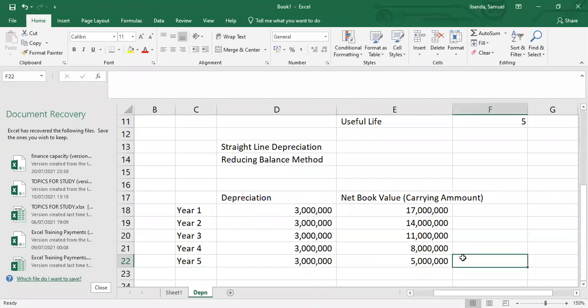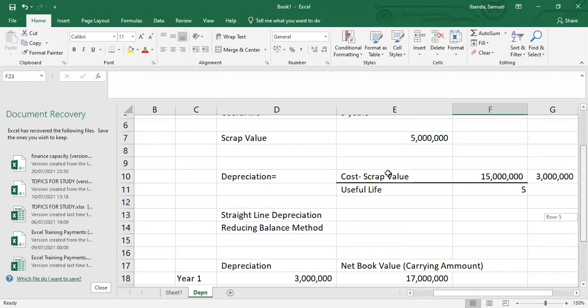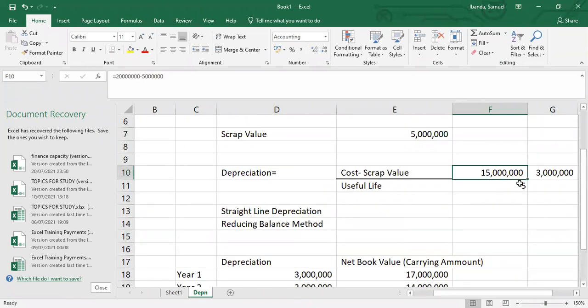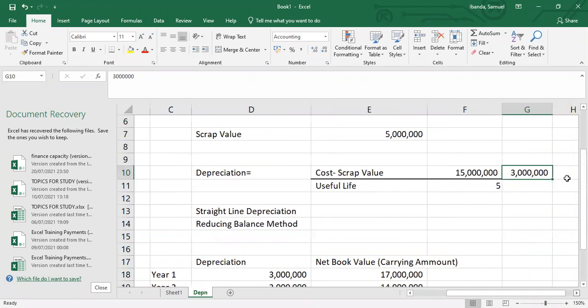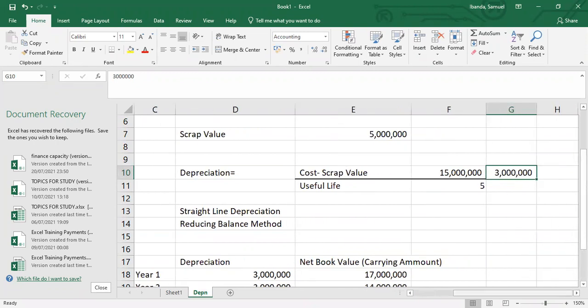And remember, this is our final year, so this is our scrap value. So this is what we've just done here. We are saying that our depreciation will be 15 million divided by 5, which is giving us the 3 million. This 3 million is the depreciation per year.